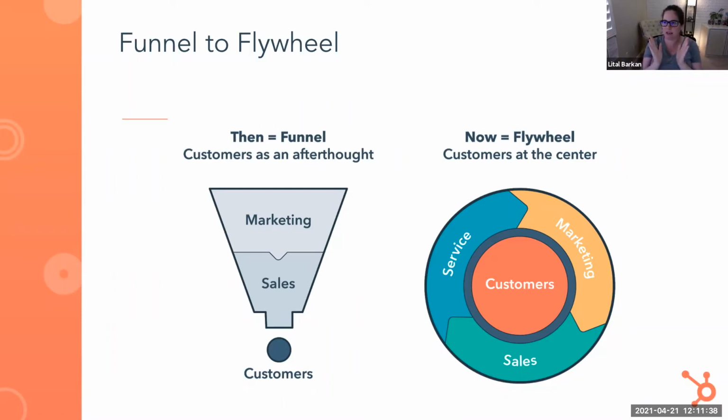So when we take the funnel and we're pouring into it and things are spilling out of the sides and only a few customers come out of the bottom, that's a less efficient way of looking at things. So today, we understand that growth and customers are what's at the center of our flywheel. I have a little flywheel here I can share. And everything else really revolves around that. And we're going to come back to the prop in a minute.